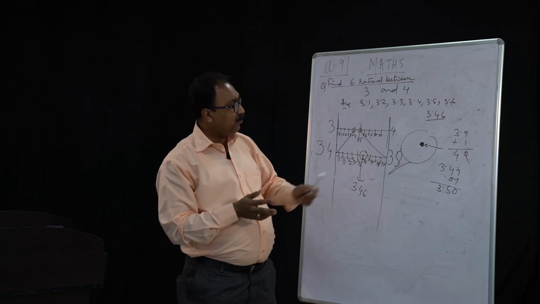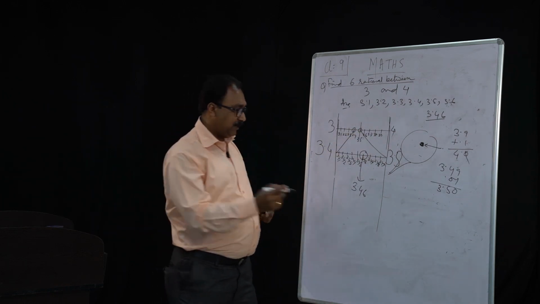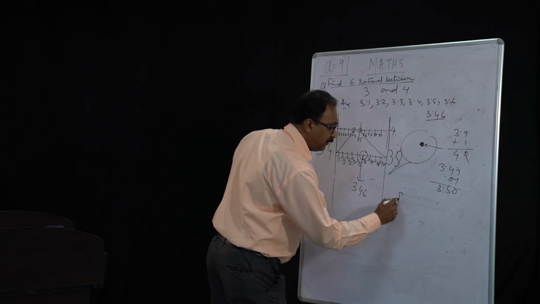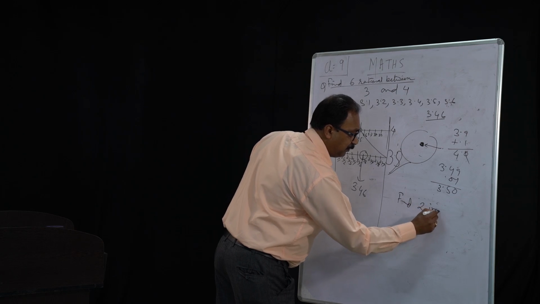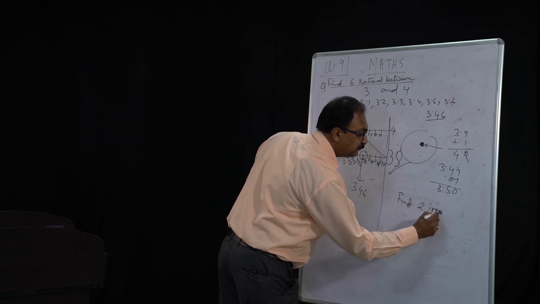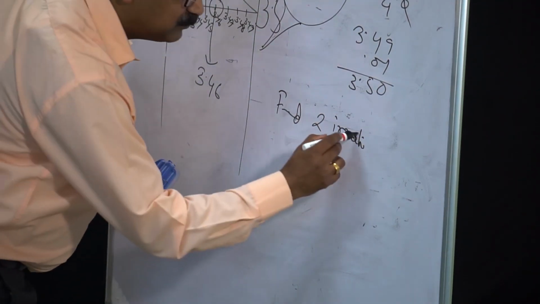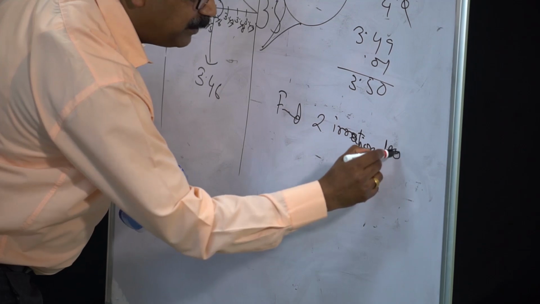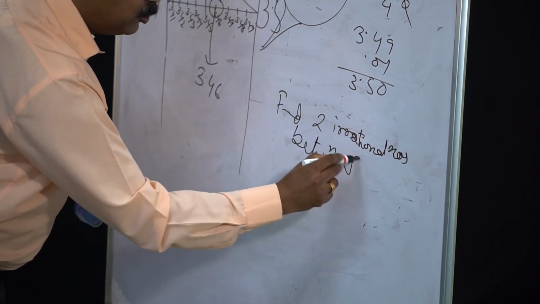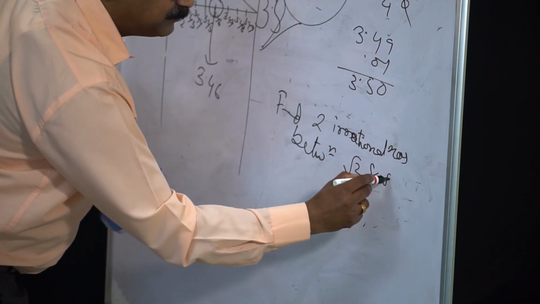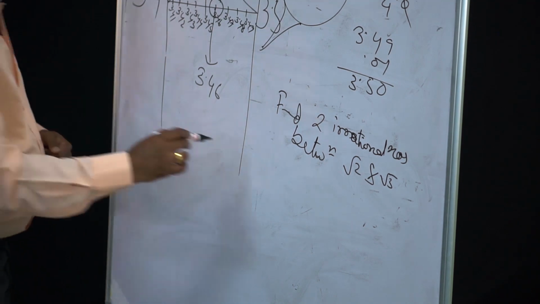Okay? If you want to find irrational numbers, we can also show you. Look at here. Find, say, 2 irrational numbers between, in short form, root 2 and root 3. What is the value of root 2?